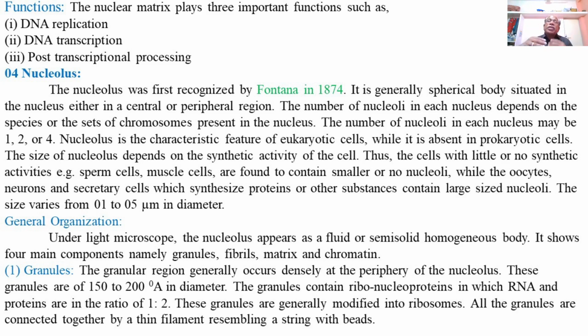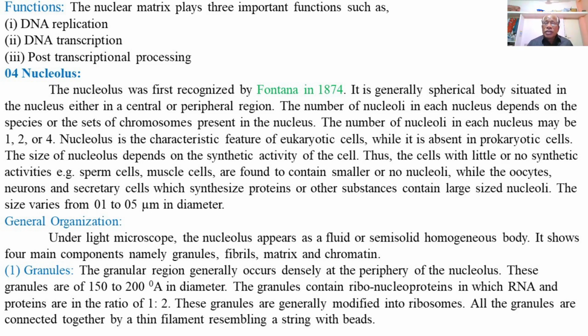So at the time of translation, the mRNAs, the ribosomal RNA, and the tRNA, all three types of RNAs occur together and perform their roles in linking amino acids one by one by peptide linkage, called translation.